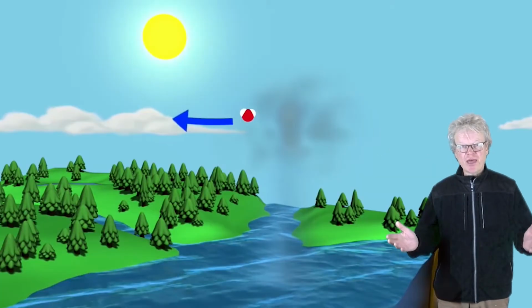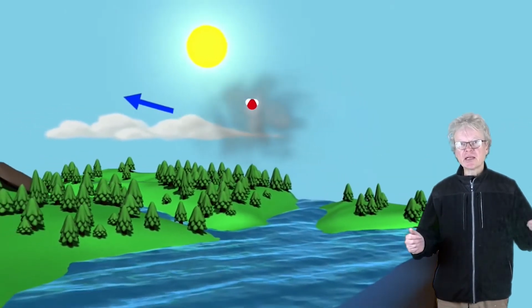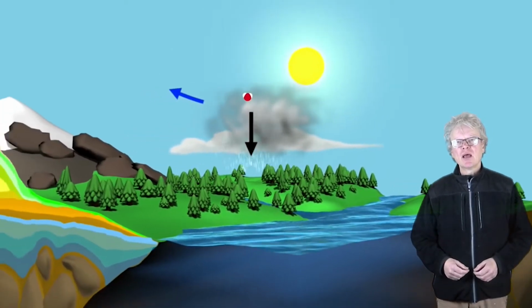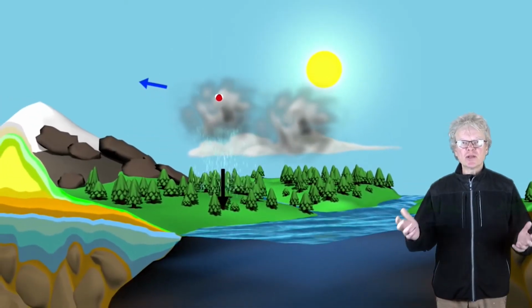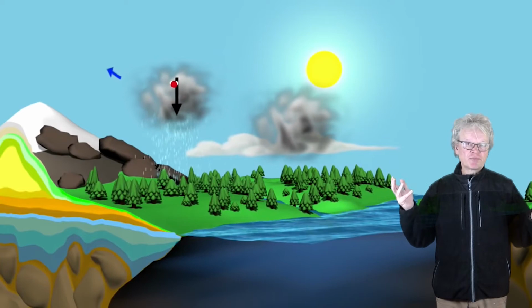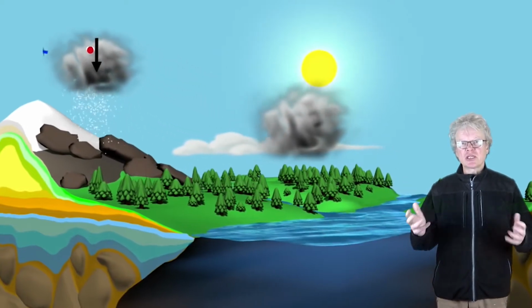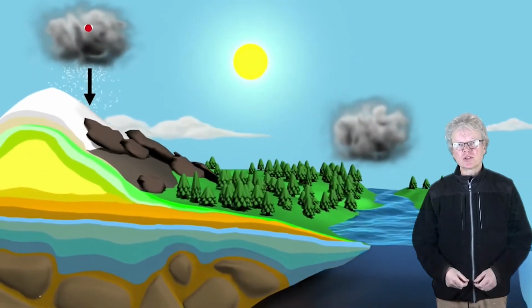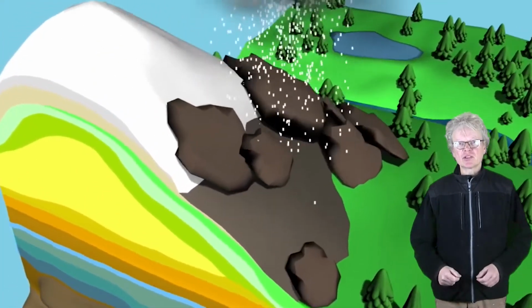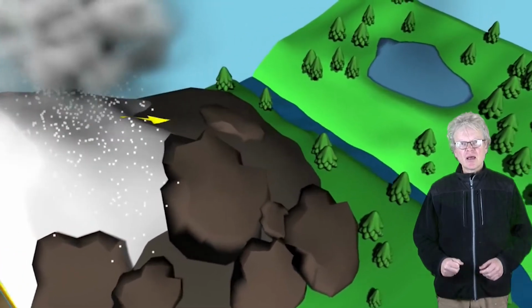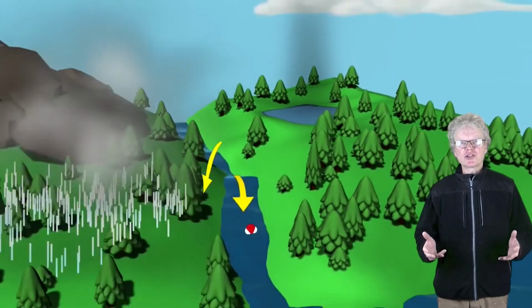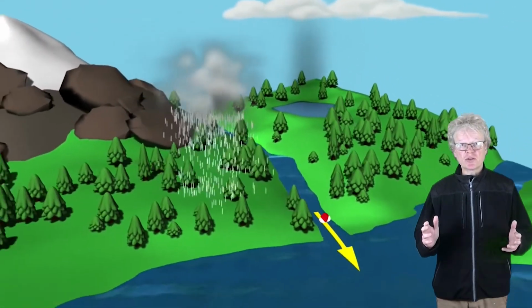Everybody knows what that is. It's rain mainly, or snow, or hail. And it's the movement of water from its gaseous form into its liquid form that then falls towards the Earth from the atmosphere. Now, that precipitation then hits the Earth's surface and can do one of two things.